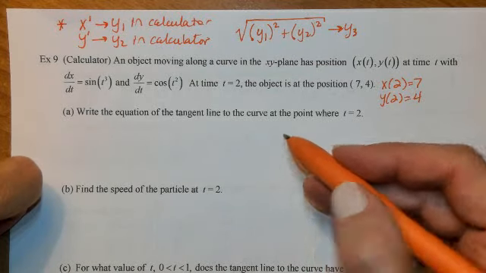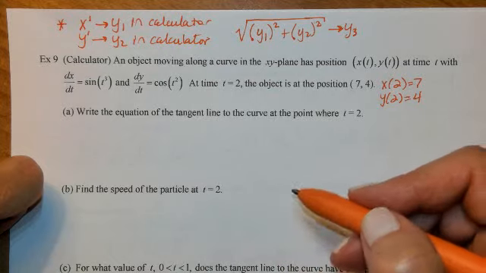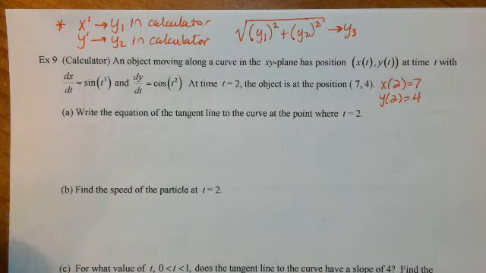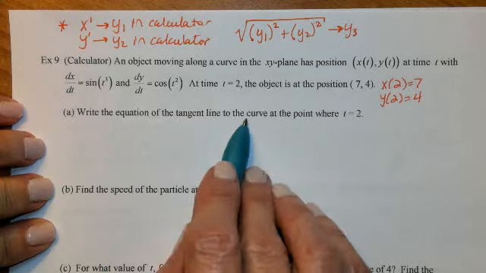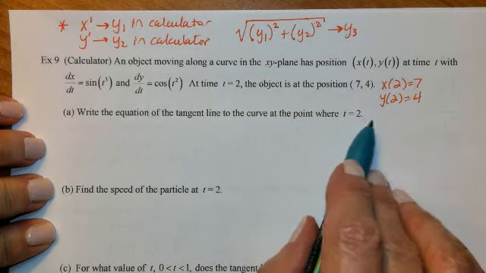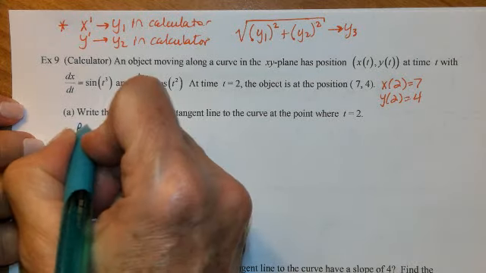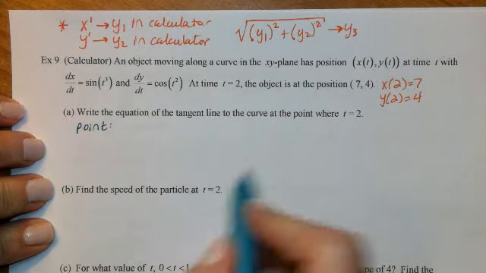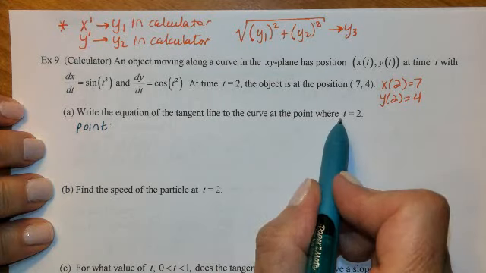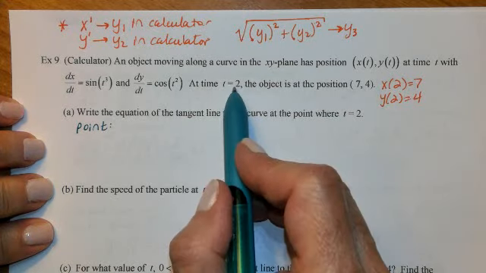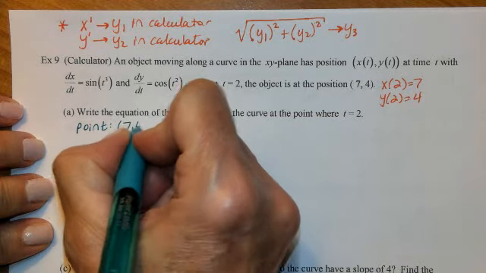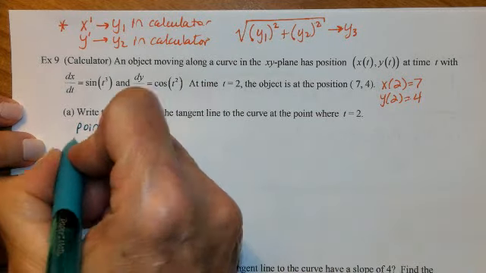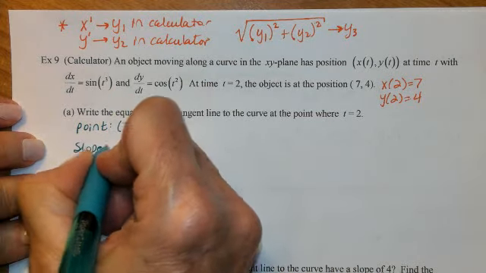So I'm guessing that at some point we'll need to find a position. All right, part A. Write the equation of the tangent line to the curve at the point where t is 2. Okay, point and slope. What is the point where time is 2? They gave it to us. The point is 7, 4.